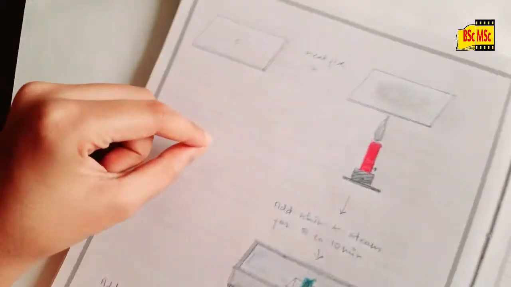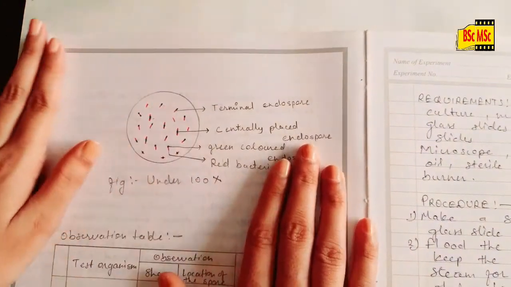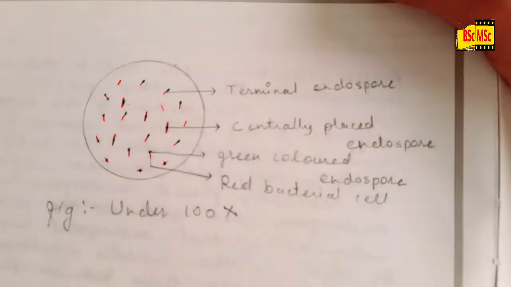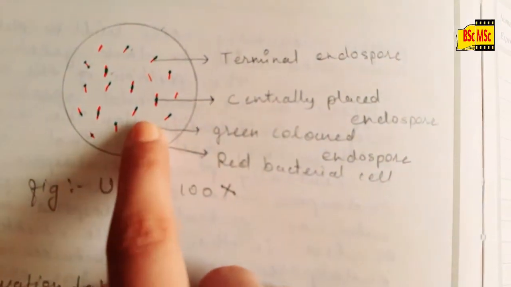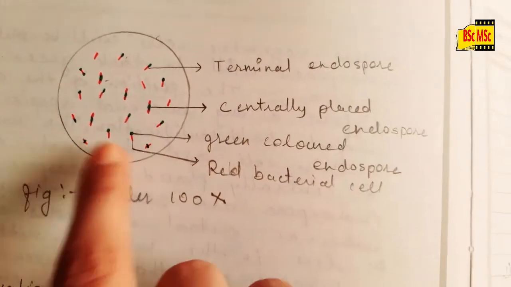This experiment shows a really beautiful observation. I personally really like to see it under the microscope. So you can see my observation. This kind of structure you'll be able to see under the microscope, exactly this kind of structure.